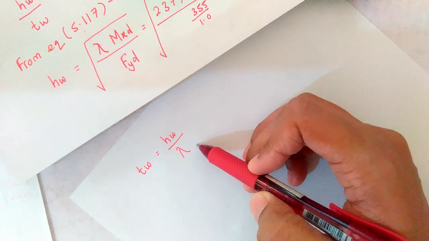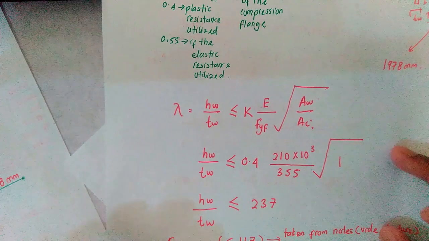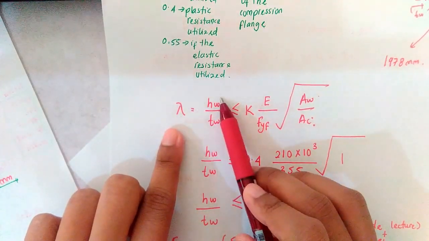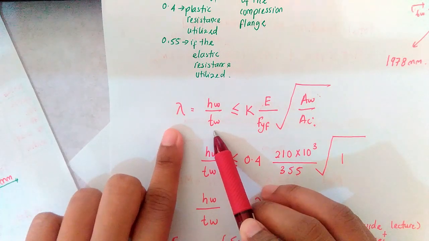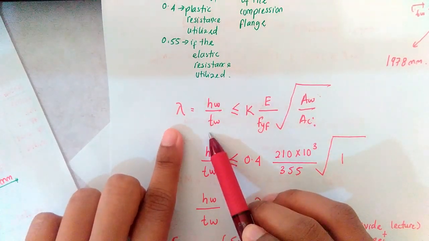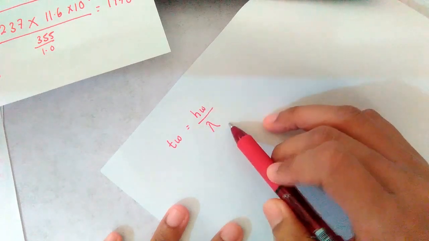Where did we get this equation from? If you still remember, we have lambda equivalent to HW over TW. Now we already have HW, so we want to find TW. So you rearrange the equation, and finally you get TW is equivalent to HW over lambda.